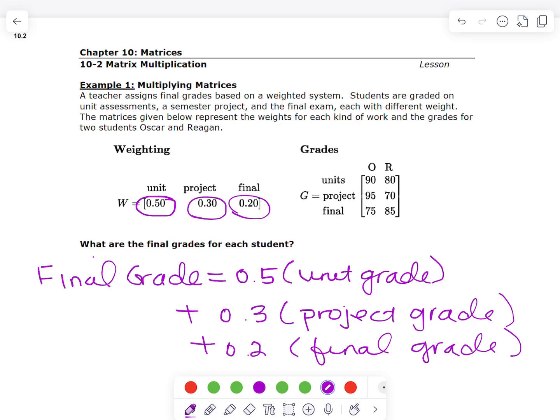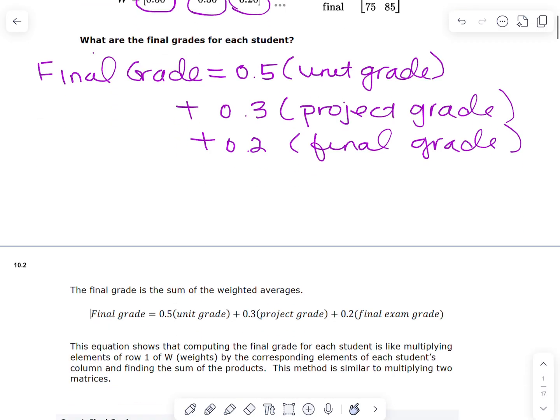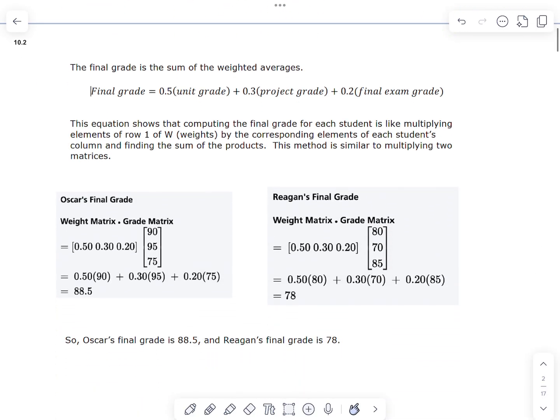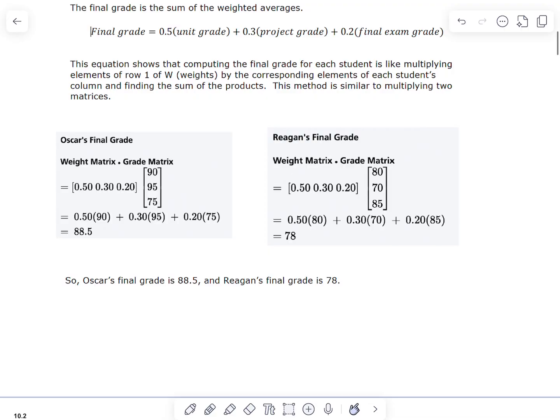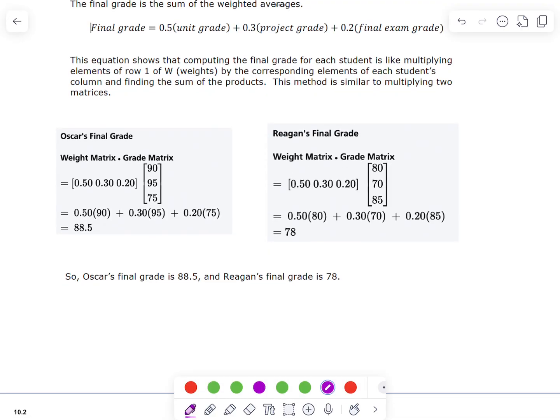So this equation shows that multiplying each of these is like multiplying the rows and the columns in a matrix. What I've done for you is the completed work. So here's Oscar, and it shows the rows by the column. When we do matrix multiplication, we take the first element to this first element.